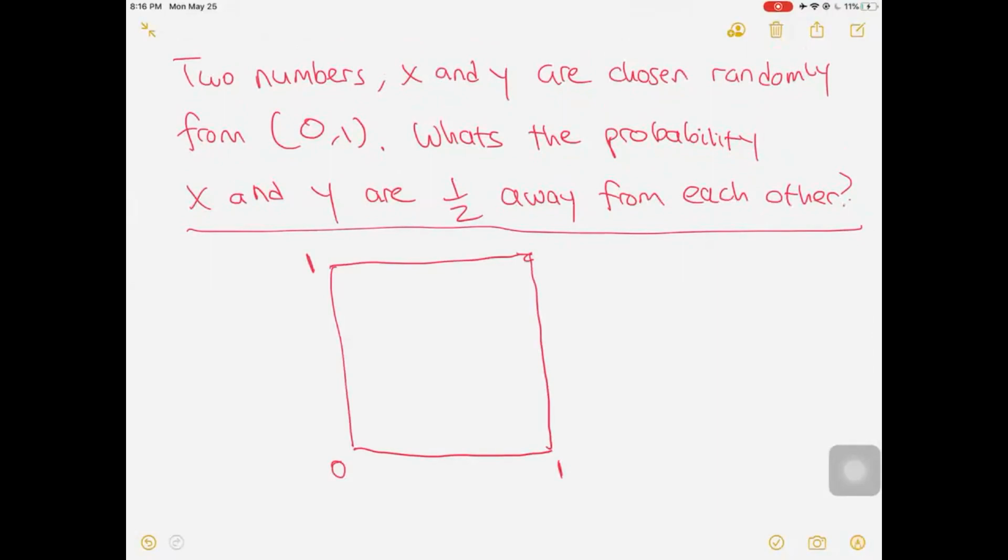And then we want to shade in the area such that X and Y are 1/2 away from each other. If you want to try and solve it, I'll give you a few minutes to try.